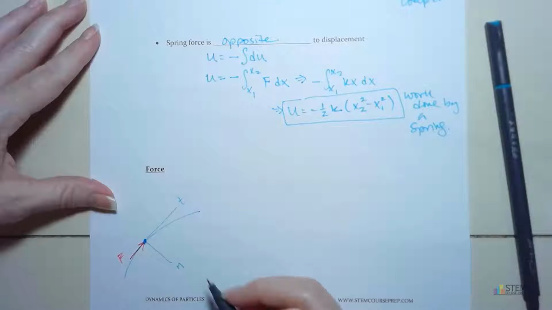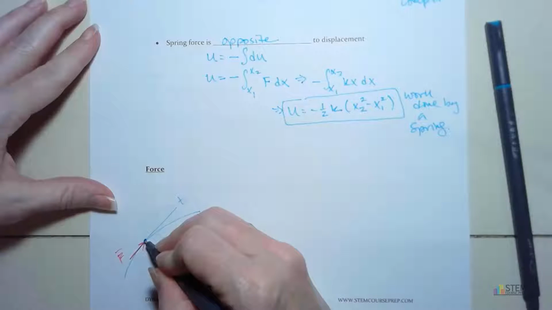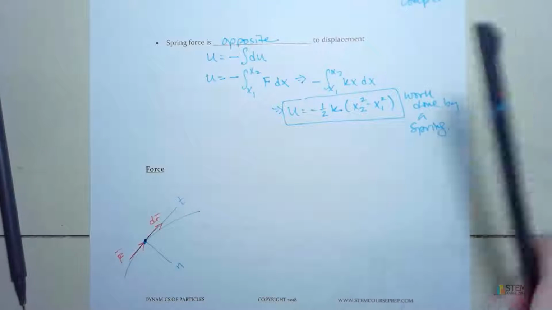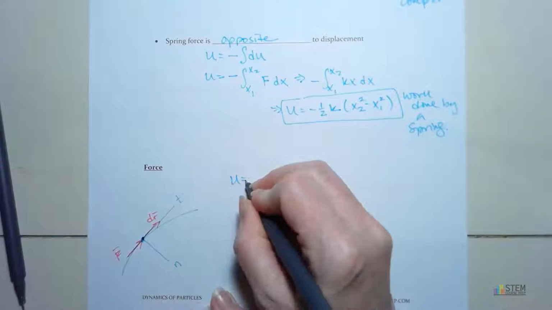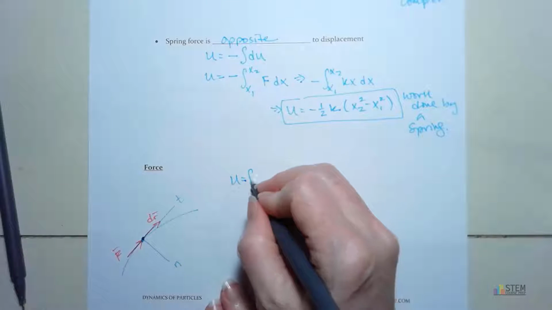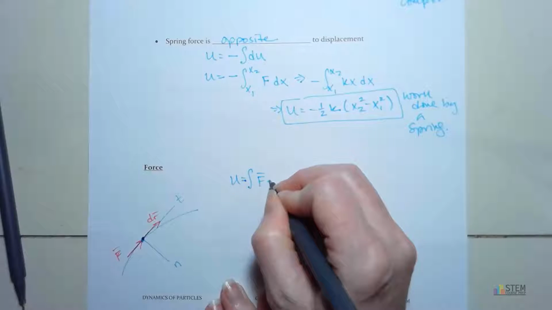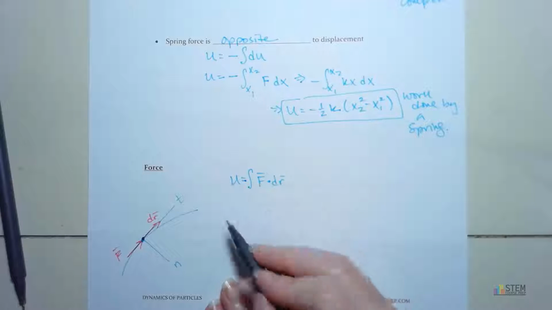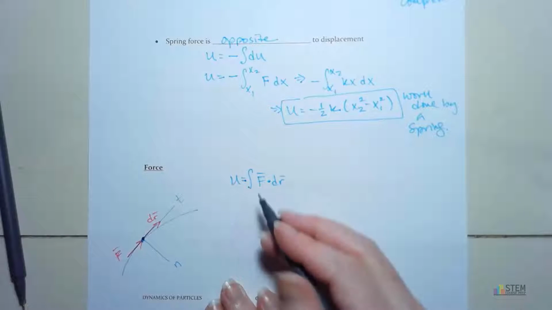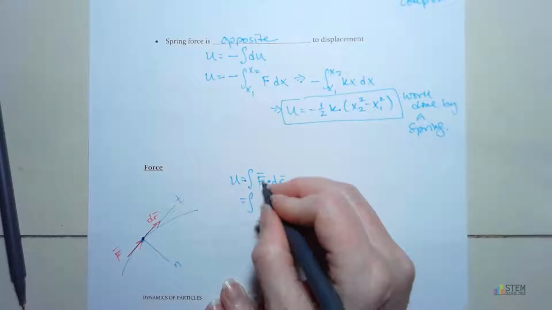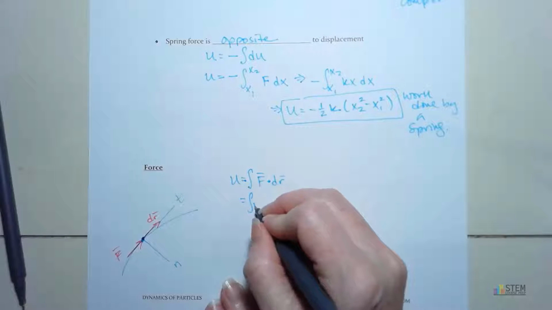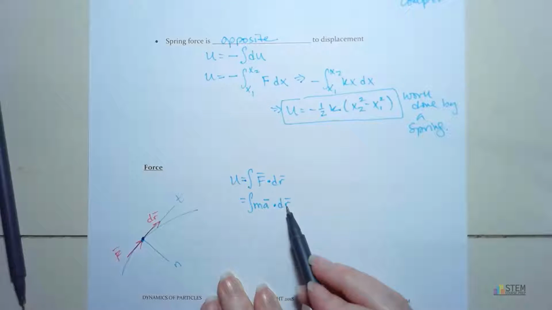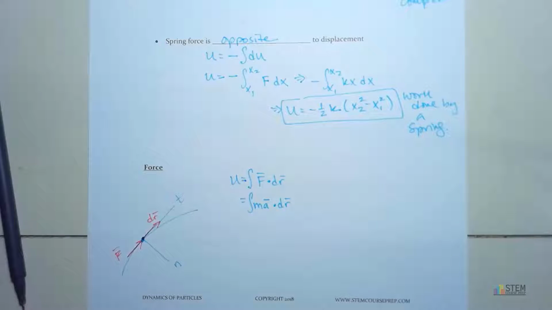So there's our force, and that's going to cause some displacement dr. So our equation for work is going to be U equals the integral of F dotted with dr. And F, we already know from previous sections, F is equal to ma. So we're going to switch out F for ma. So we'll have the integral of mass times the acceleration vector dotted with dr. Notice those are both vectors because we're doing dot product.